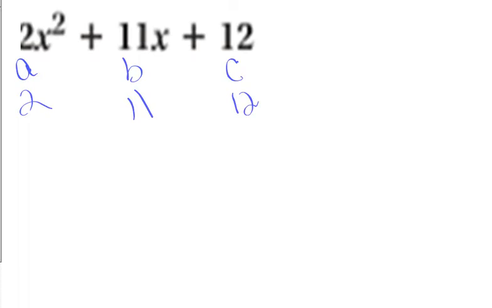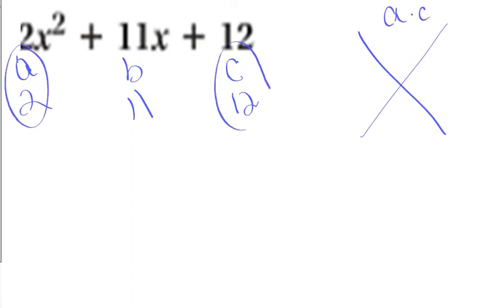What we're going to do is still continue to do what I call our magic X, but we have to do it with a times c. Well, a is 2, c is 12, so 2 times 12 is 24.